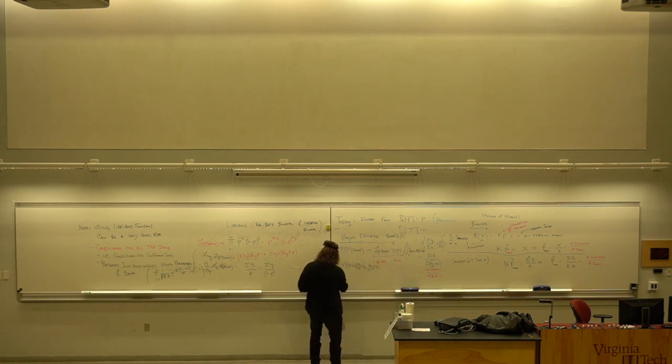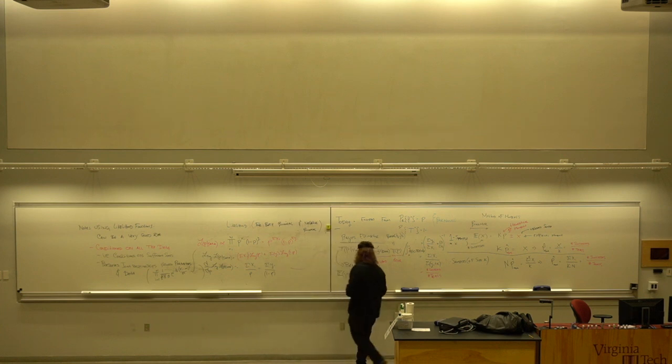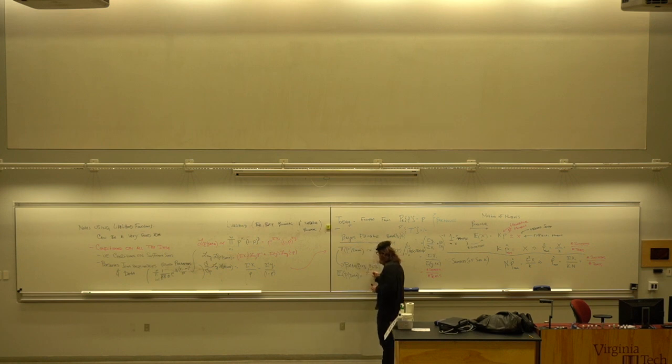So the expected value for this right here is going to be the sum of the xi's plus 1/2 over the sum of the xi's plus the yi's plus 1/2 plus 1/2. So this is plus 1.